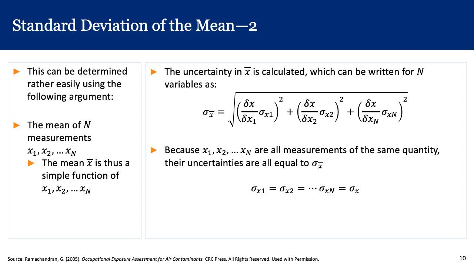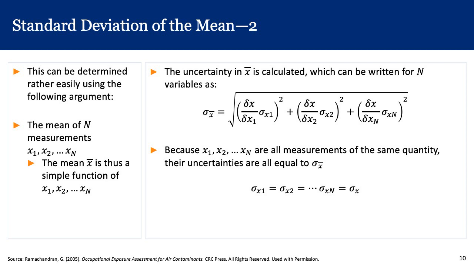So the sigma of x bar, which is not the sigma of x but the uncertainty in the mean, is the square root of the sum of (partial x bar over partial x1 times sigma x1) squared, plus (partial x bar over partial x2 times sigma x2) squared, and so on up to (partial x bar over partial xn times sigma xn) squared.